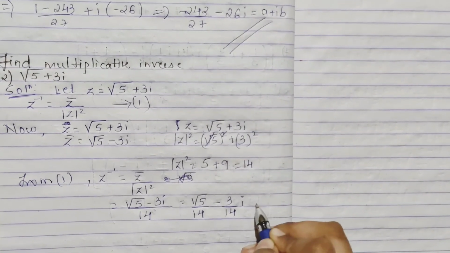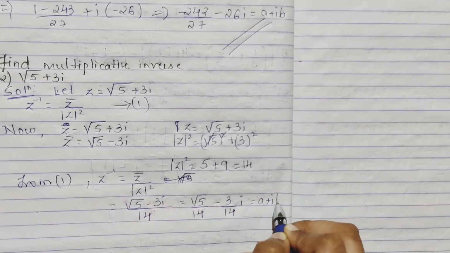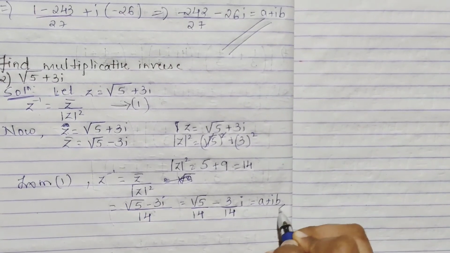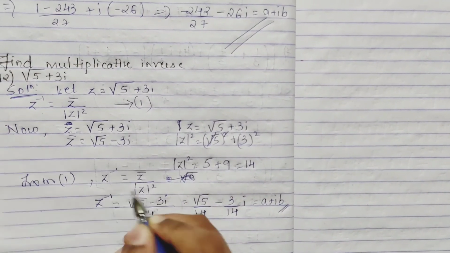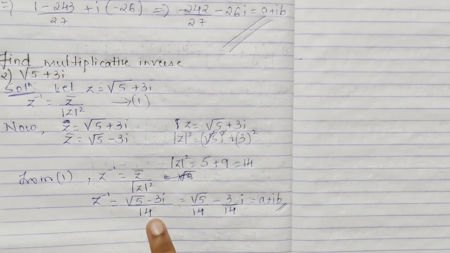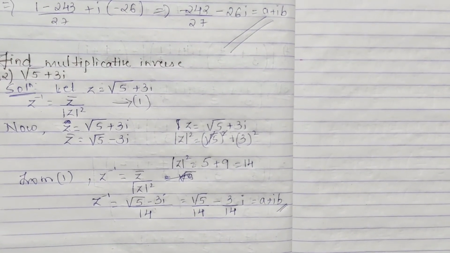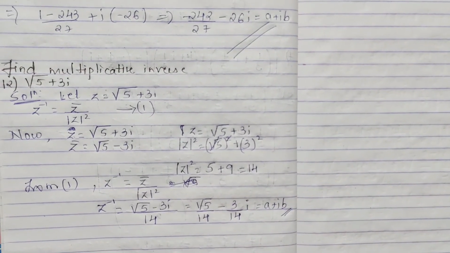Okay, so this is your a plus ib form. You can write, but there's no need if you don't want to split, because what we need is your Z inverse only. So you came to know how we have to find the multiplicative inverse.